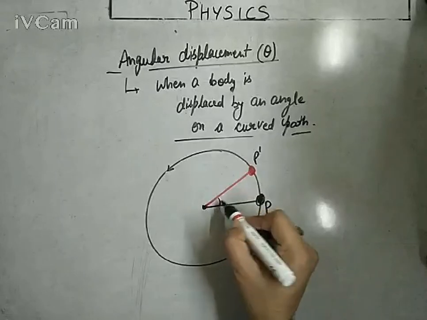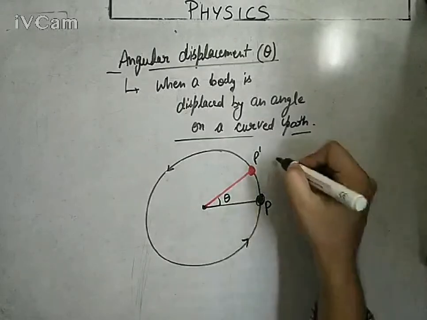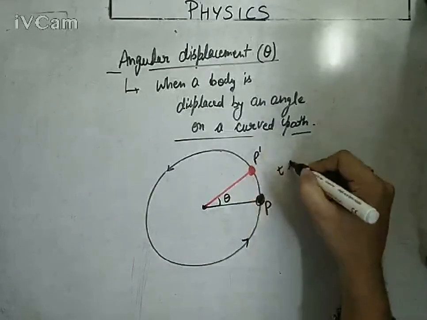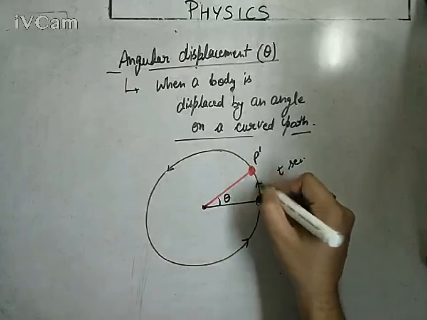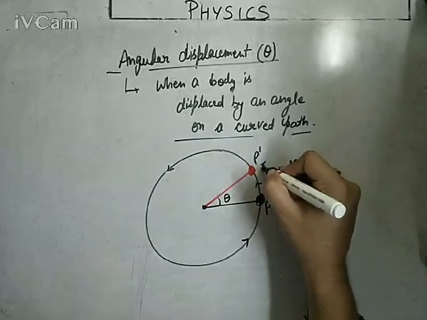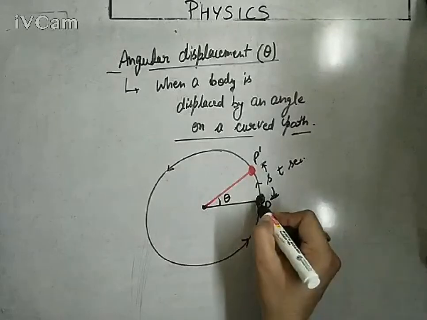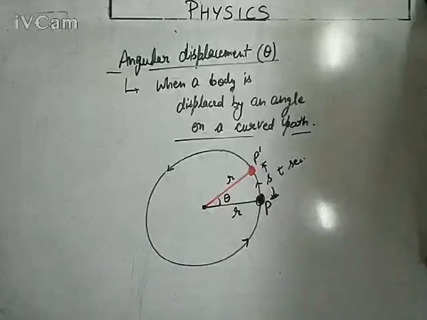Its angular displacement during this motion is theta in a time of t seconds. It has moved over an arc. This arc length is supposed to be s, and the radius of the circular path is r.